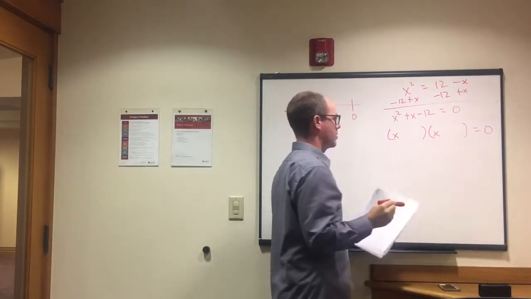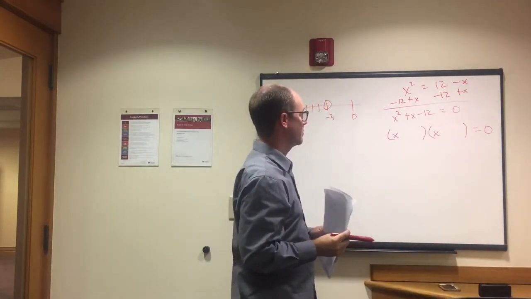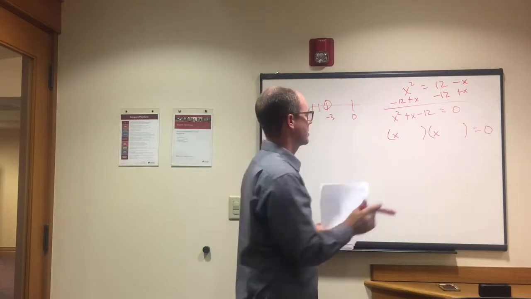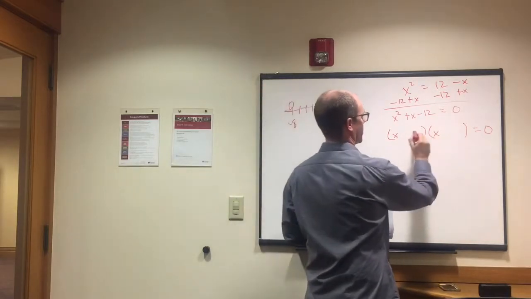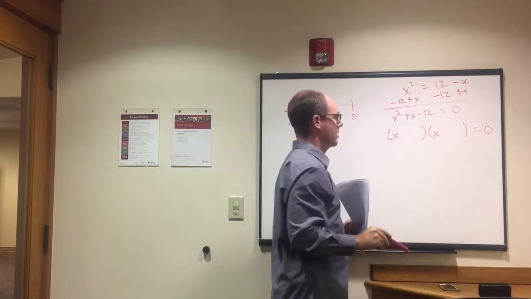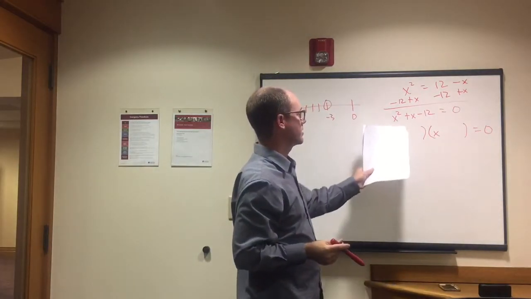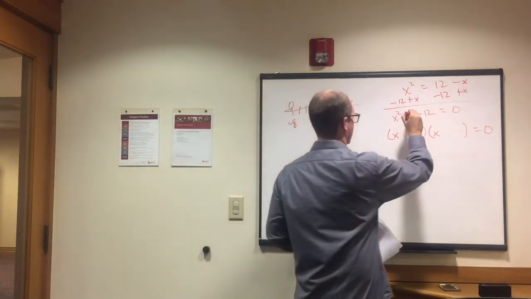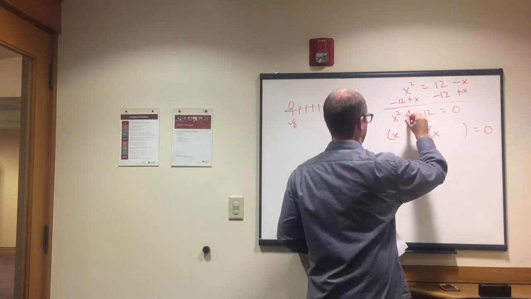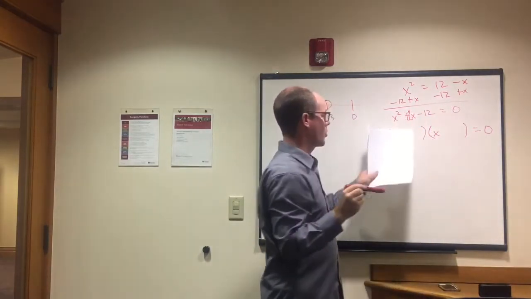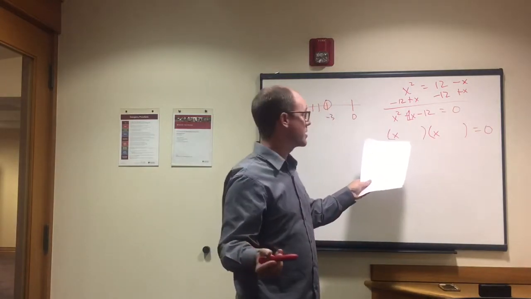Okay. Now, we have this number, negative 12, right? And so we need the two numbers that are going to go here to multiply to negative 12 and add up to 1, right? Because I could just as easily have a 1 here, my ugly 1. 1x and x are exactly the same, right?